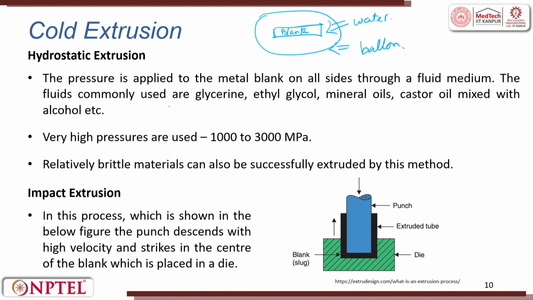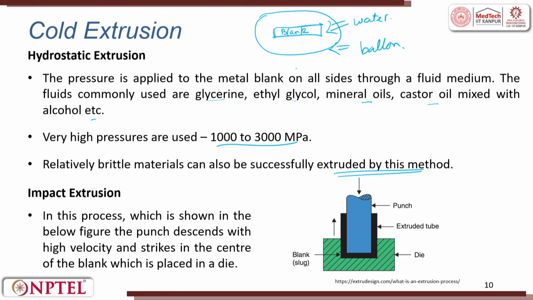The fluids commonly used are glycerin, ethylene glycol, mineral oil, and castor oil mixed with alcohol. Very high pressures of 1000 to 3000 megapascals are applied. Relatively brittle materials can be successfully extruded by this method.